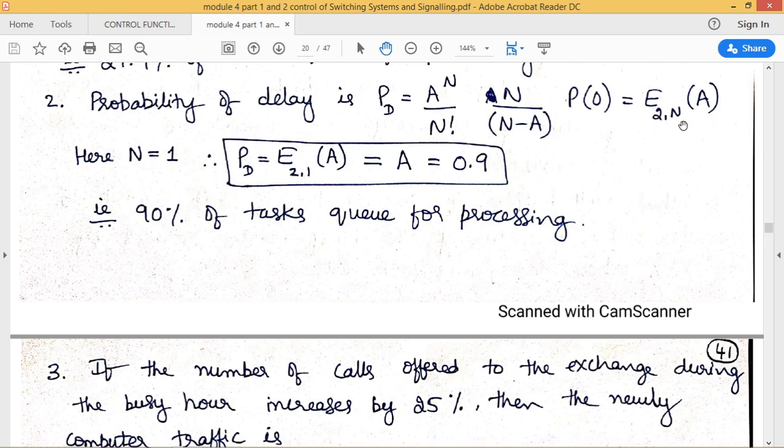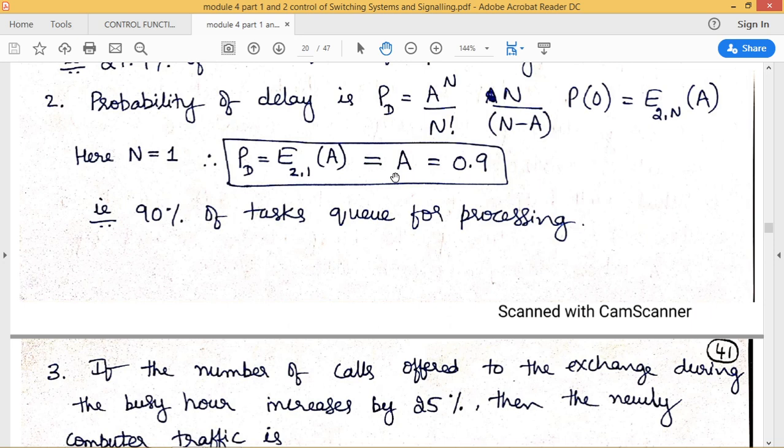If I substitute n equal to 1, and only one processor is taking the entire load of 0.9 Erlang, then we can directly write probability of delay equal to E2,1 of A, which is exactly equal to the offered traffic for each processor.